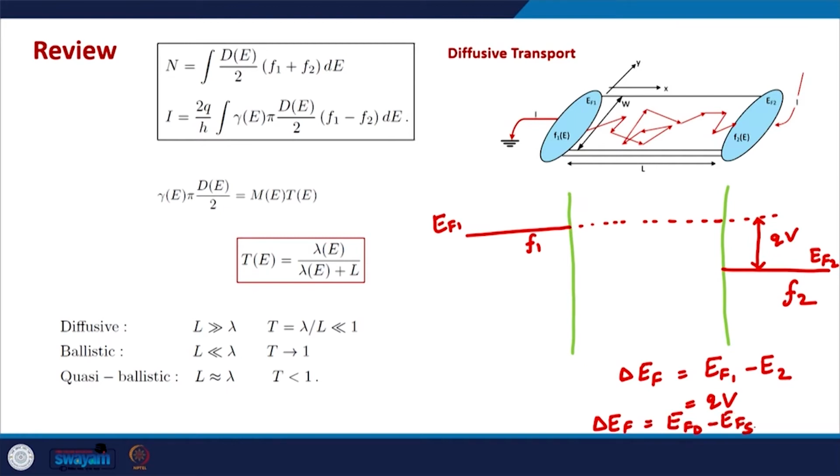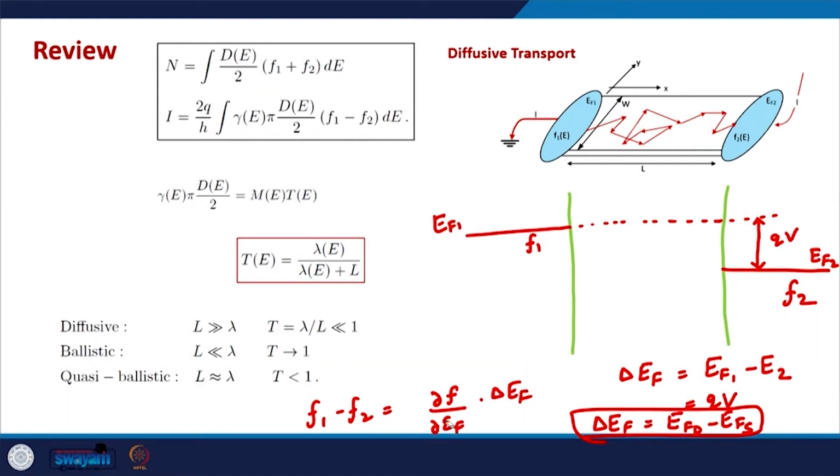In that case this delta EF becomes minus Q times V, and F1 minus F2 becomes minus del F by del EF times delta EF. But in our case this negative sign is not there.